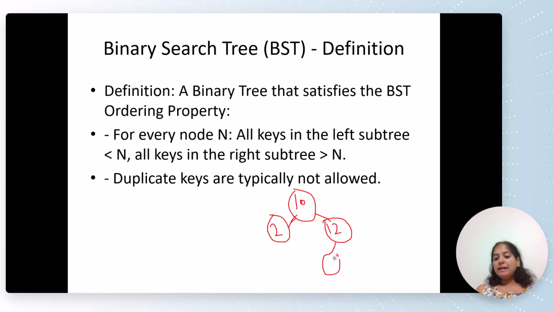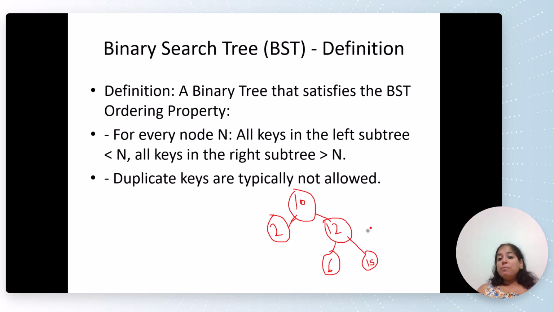Now if I further write 6 and 15, this condition should be true for all the subtrees, for every parent-child in the tree. So 6 is less than 12 and 15 is greater than 12. So it is a BST, that is, a binary search tree.